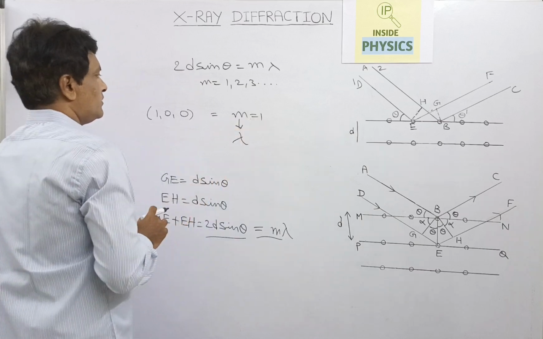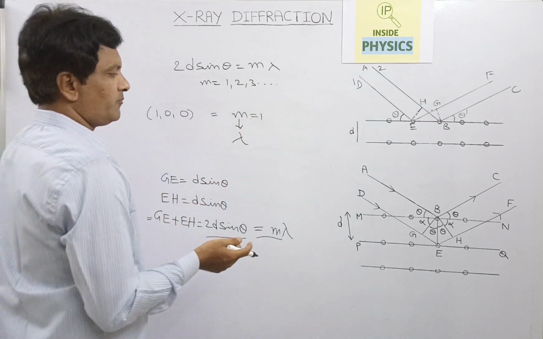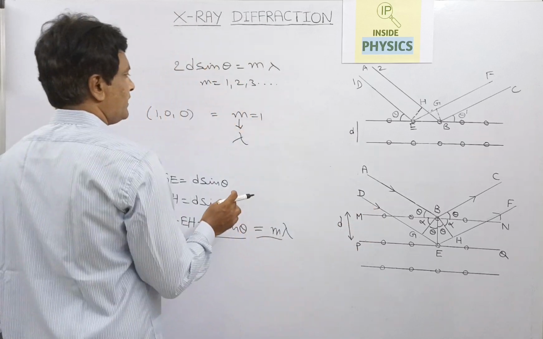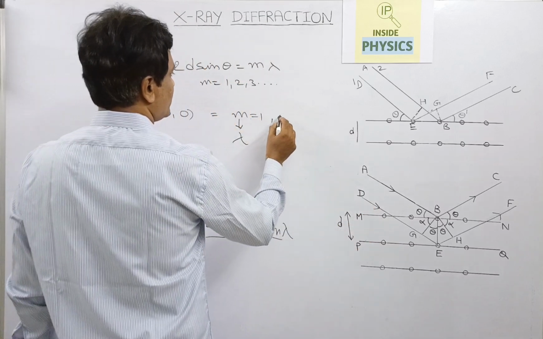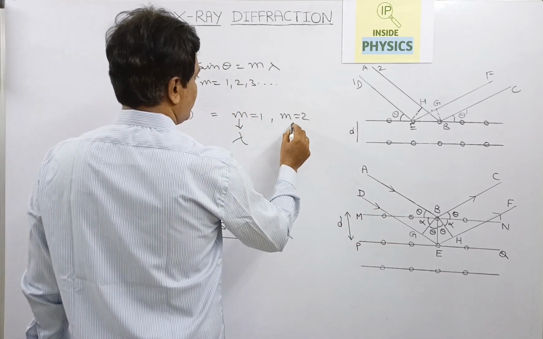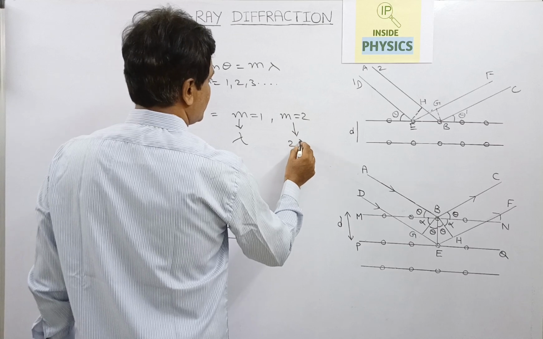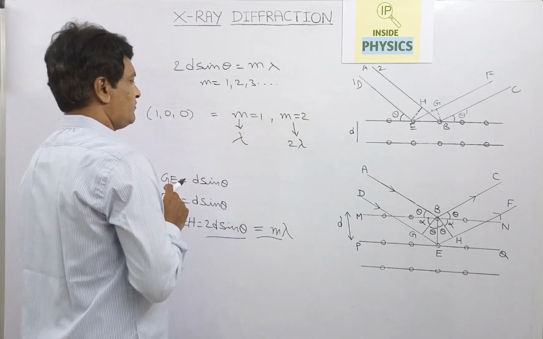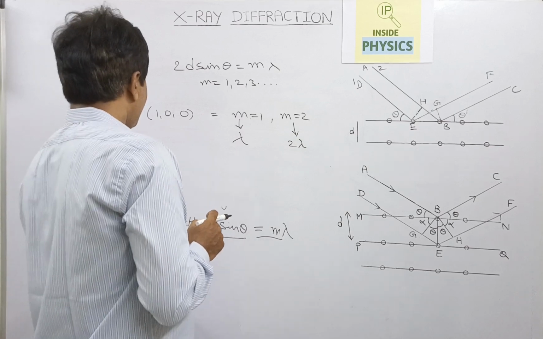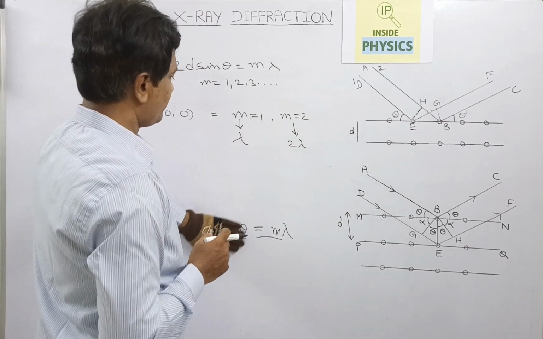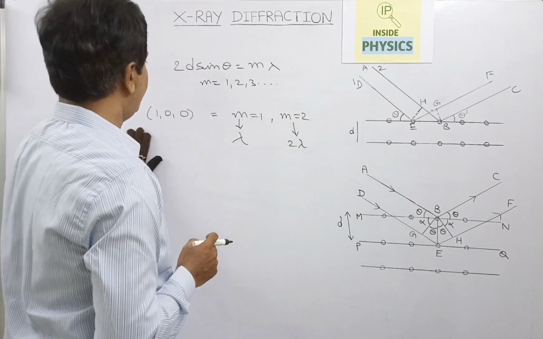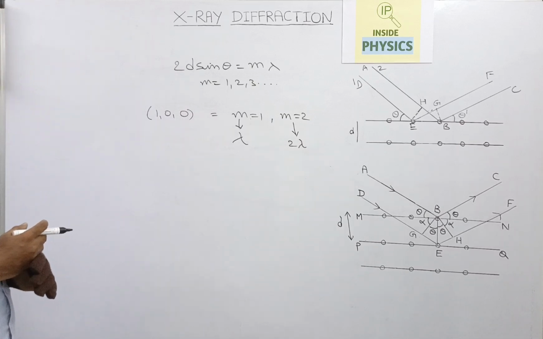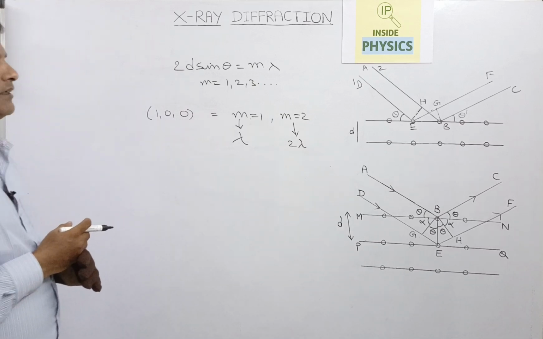If it is incident from the second plane, then for m is equal to 2, there will be a path difference of 2 lambda. m is the order of reflection. In this way we can consider the Bragg condition to determine the reflection pattern.